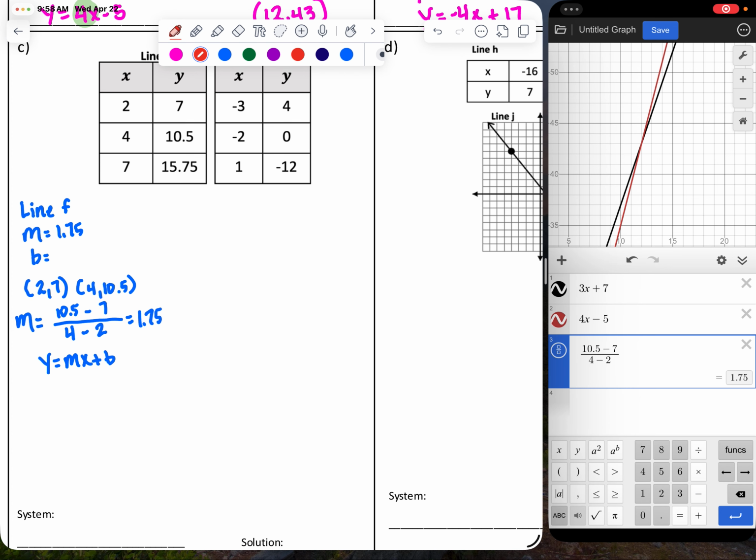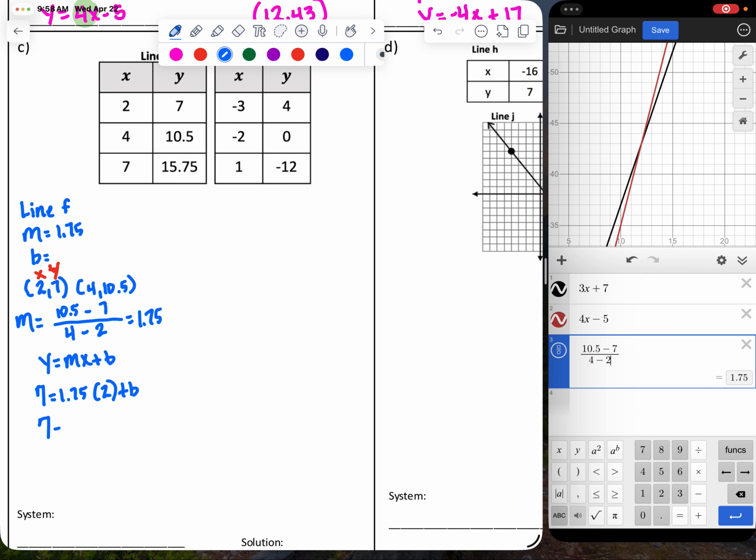So I'm going to use this point, 2, comma 7, for my x, y, and then I'll use the slope of 1.75. So for the y, we'll plug in a 7, 1.75 for the m, a 2 for the x, plus b.